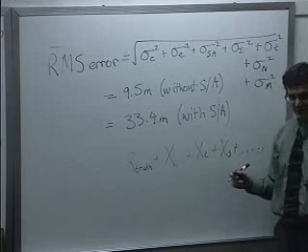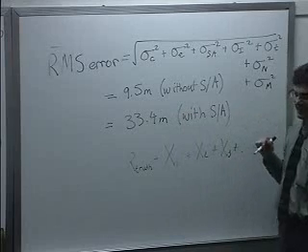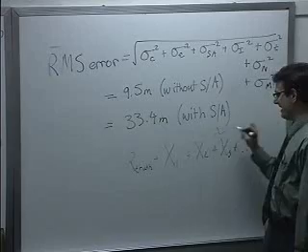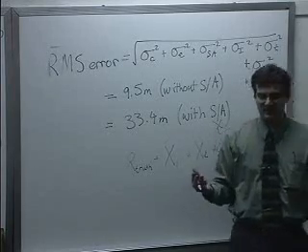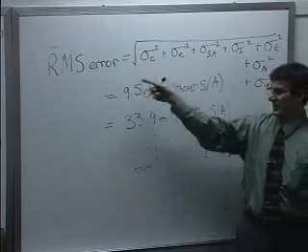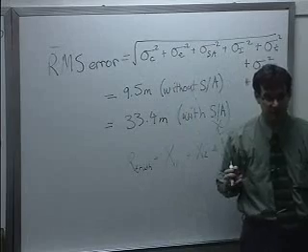Or at least it better be for engineering approximation. When you add these independent Gaussians together, you can treat this as one gigantic Gaussian whose variance is the sum of the variances of the individual Gaussians, which means the standard deviation is going to be the square root of the sum of all the squares. That's where that formula comes from.